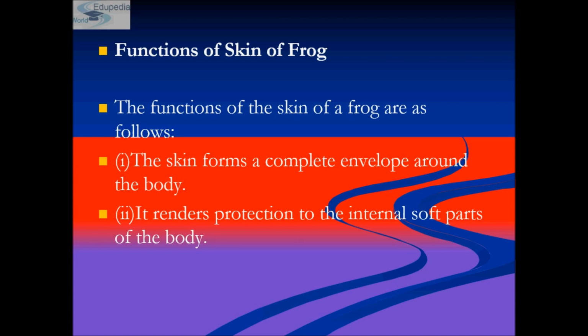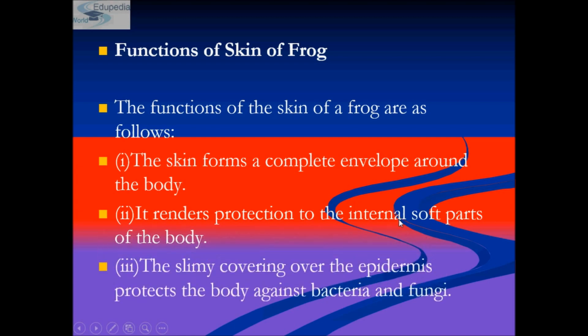Like in humans, skin also acts as a first line of defense. It renders protection to the internal soft body parts. Likewise, the skin of a frog protects the internal soft parts of the body. Now, what's the third function?